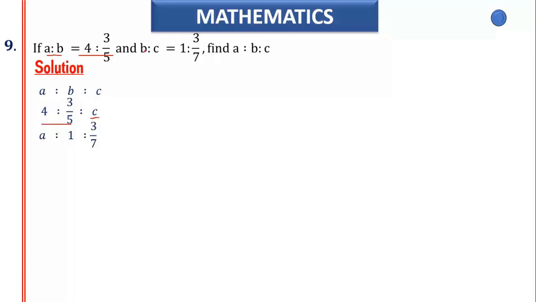Now the next one, B ratio C is 1 ratio 3 over 7. So you write B ratio C as given here, 1 ratio 3 over 7. Of course, A in this case does not have any value, so you leave it like that. So the two ways I will always prescribe: you can decide to group it like this, or you group it like this.